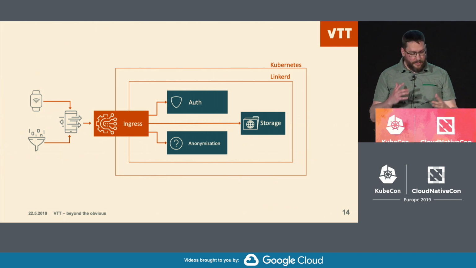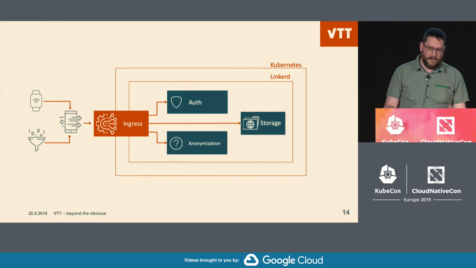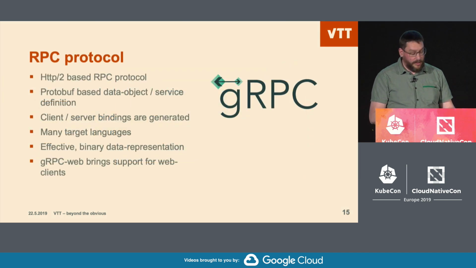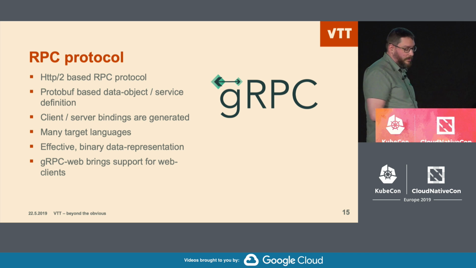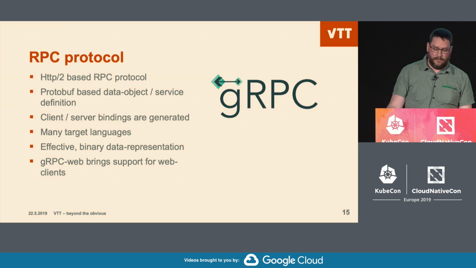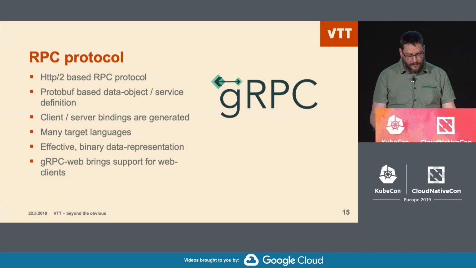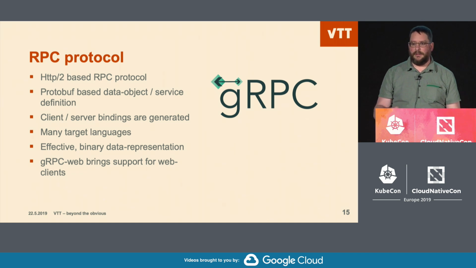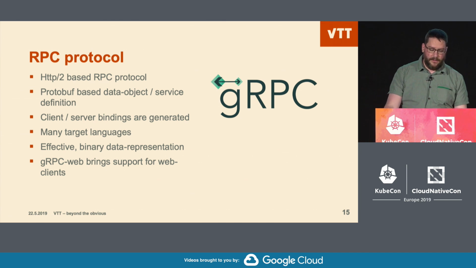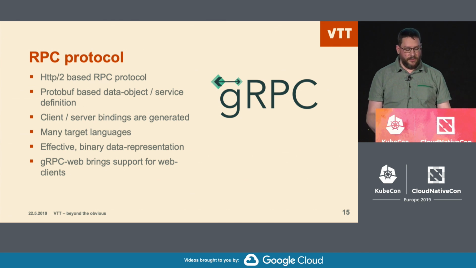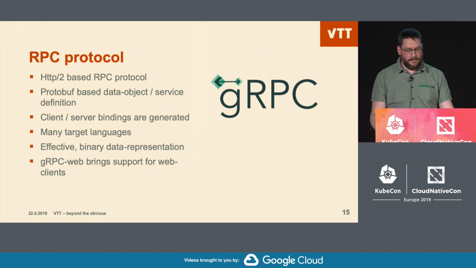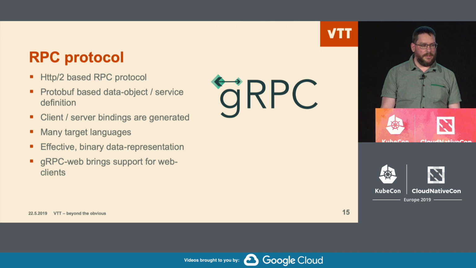So what kind of components did we select for our system based on some of our needs? The first part that is important for this whole cluster is that we wanted to use gRPC as our RPC protocol. gRPC is based on HTTP 2. It has a protobuf-based data object service definition model.